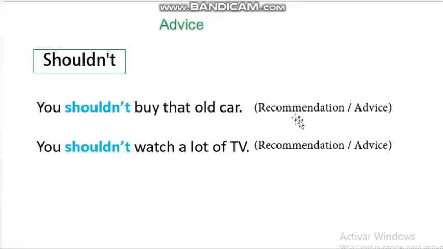That's a recommendation or advice, because if you buy that old car, it's going to give you problems, maybe. "You shouldn't watch a lot of TV." That's another recommendation. If you watch a lot of TV, maybe you are going to be sick or damage your sight.